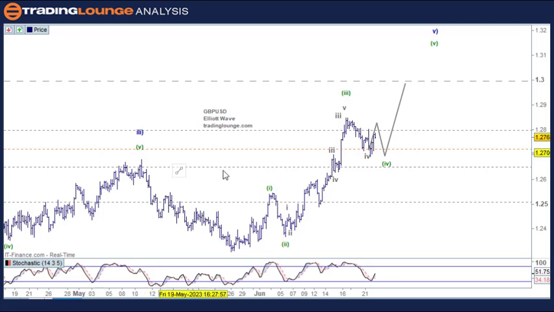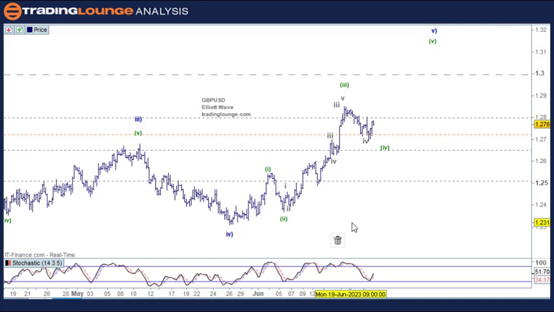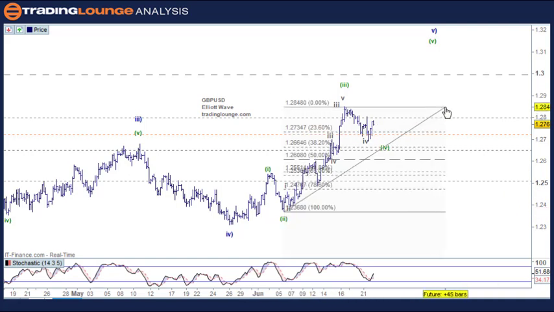Yeah, so the sterling here, we're counting this as 1 and 2, and I wasn't sure if we use this wave 3 or this wave 3, but we're having a correction here anyway, so we're getting what we sort of expected at this point. And it's not going to be a big deal at this point.